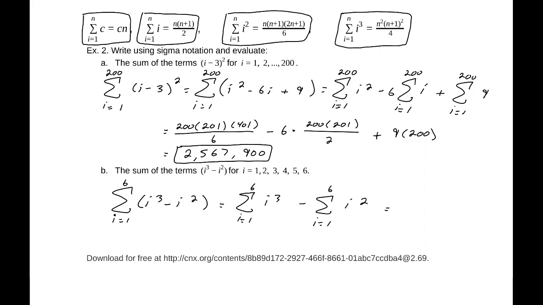And I cubed is going to be 6 squared times 7 squared, n and n plus 1, over 4, minus, for I squared, n, n plus 1, 2n plus 1, which would be 13, over 6, and that total is 350.